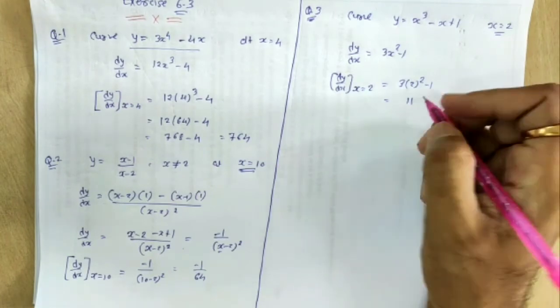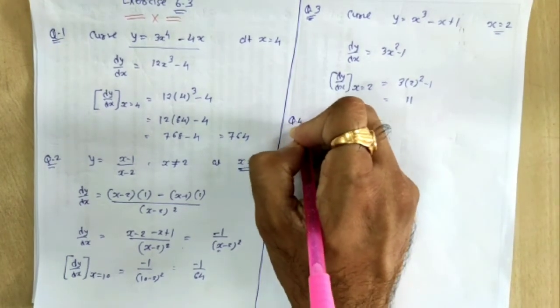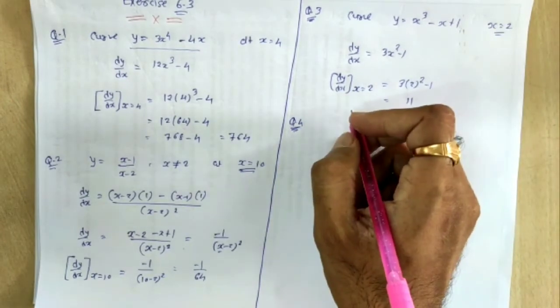Done. Question number 4. Find the slope of tangent to a curve.